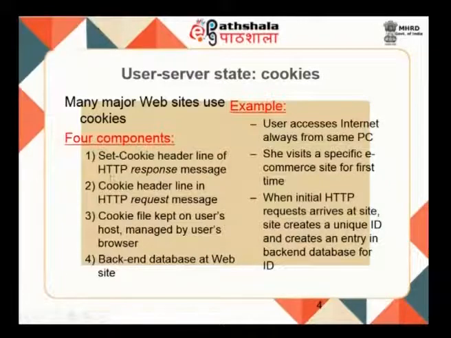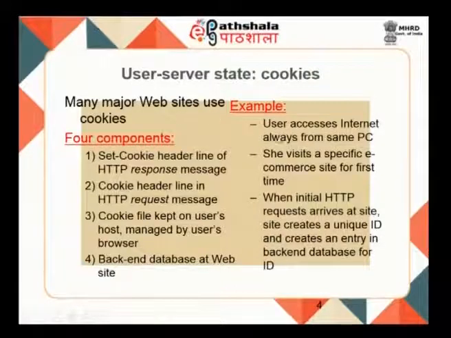Out of the 4 components, 2 are header lines which are part of the HTTP protocol: the set-cookie header line in the HTTP response message, and a cookie header line in the HTTP request message. Then there is a cookie file which is kept on the user's host and managed by the user's browser, and at the backend database on the website there is an identification of this cookie with that particular user. These are the 4 components that we have.